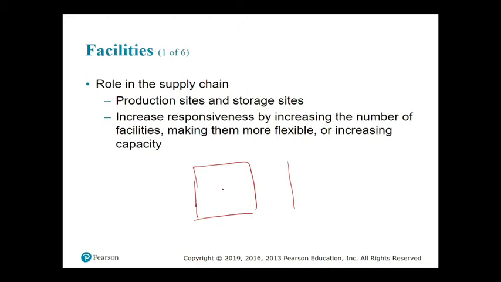We can build one store, which means my average distance to customers is about this far. An alternative is to build many stores, which would mean on average I only need to go this far to reach a customer. So this reduced distance will tend to increase responsiveness and perhaps also induce more demand.